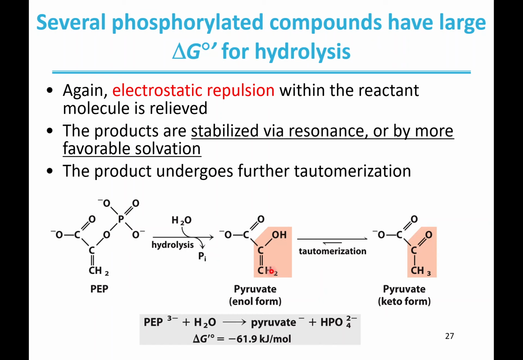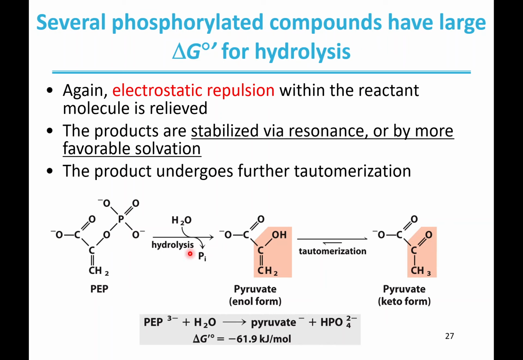This is the ene, and that's the ol, enol. You have a carbon-carbon double bond and an OH group. The enol form can tautomerize into the keto form. This is in equilibrium, but the equilibrium is heavily shifted to the keto form.